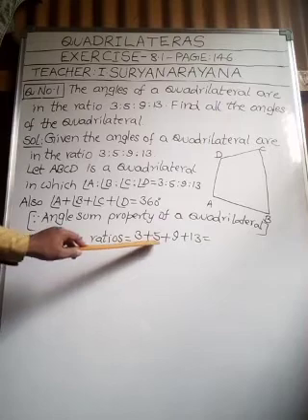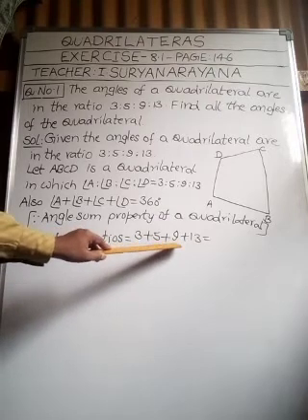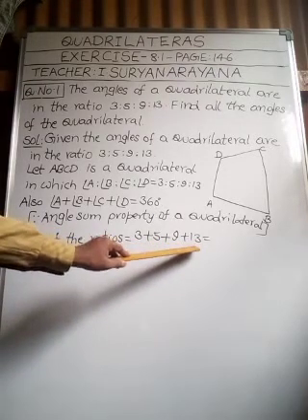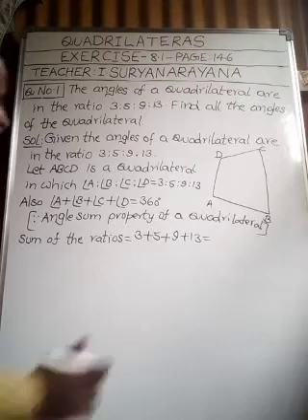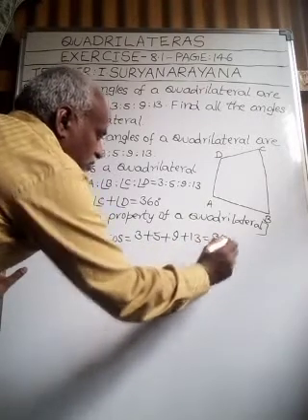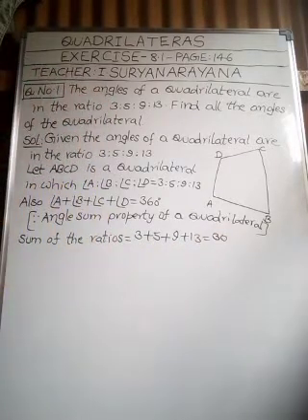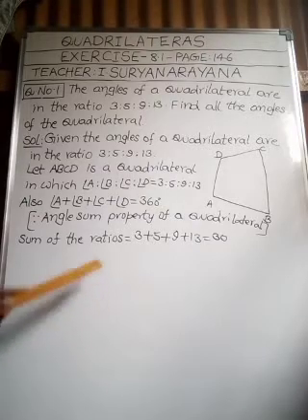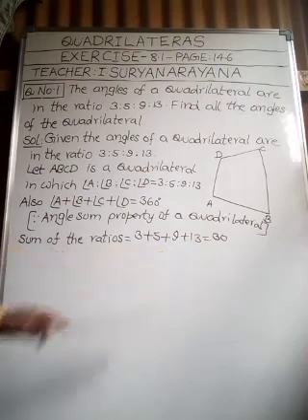What will you get? 3 plus 5, 8. 8 plus 9, 17. 17 plus 13, what will you get? 30. Okay, my children, understood this?